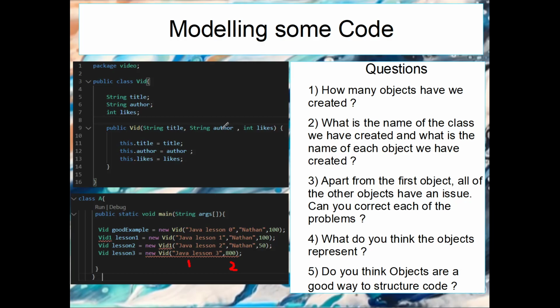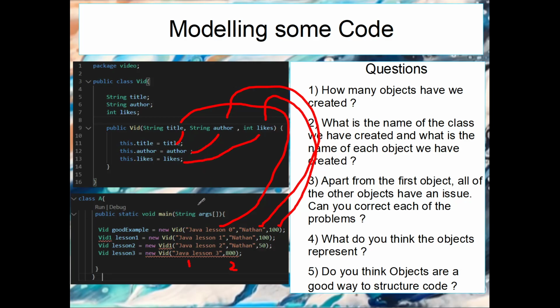Now, if we look here, what should happen is, in this example, this value goes into the first one, which is title, this value goes into the second one, which is author, and this value goes into the third, which is like. Then we put these values into the actual constructor, which is this automatic method.